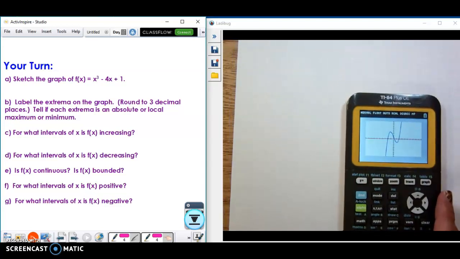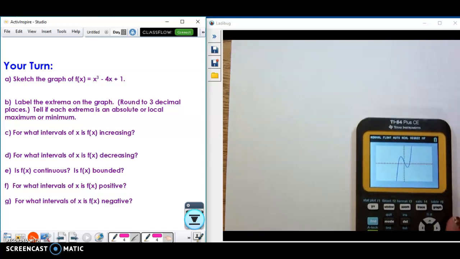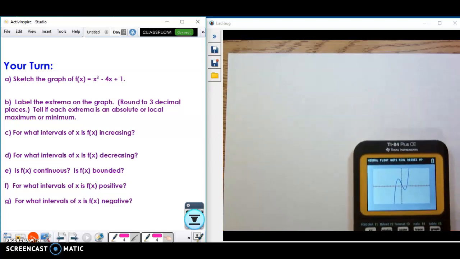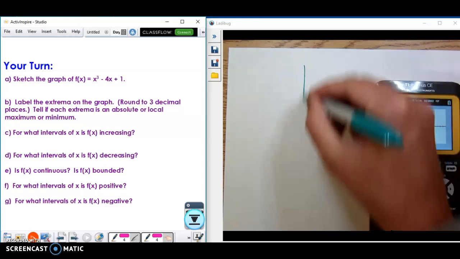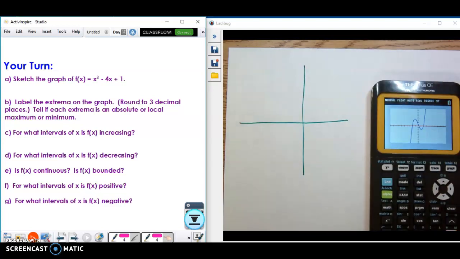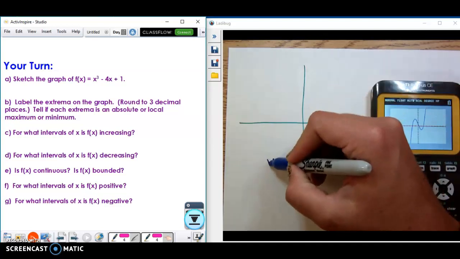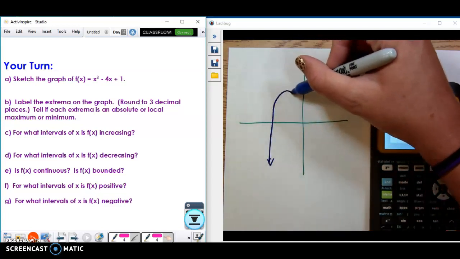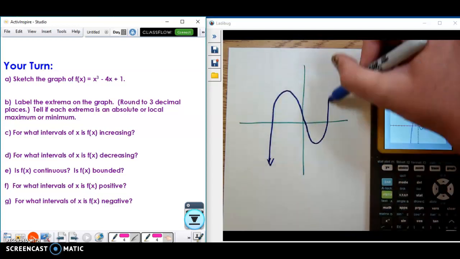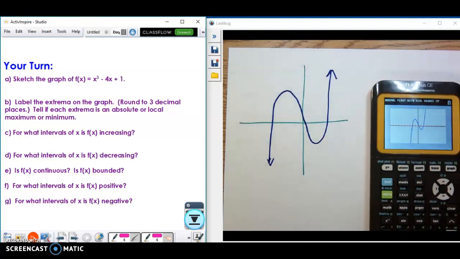It does just say a sketch of the graph. Okay, so just sketch this graph. So something like that. Okay.